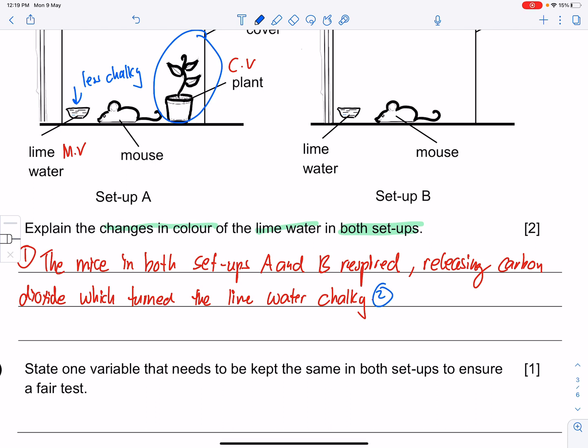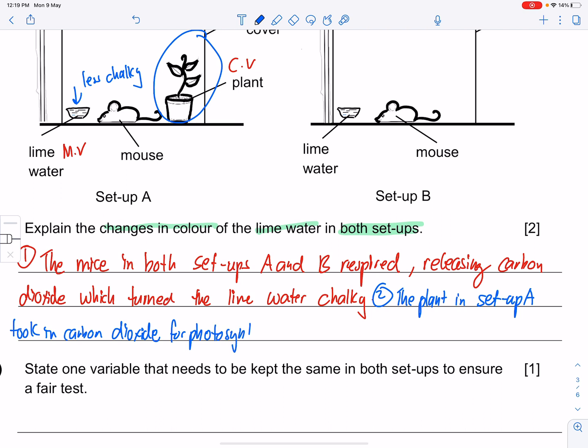So the second part of the answer would be: the plant in setup A took in carbon dioxide for photosynthesis, hence reducing the amount of carbon dioxide in the surrounding.